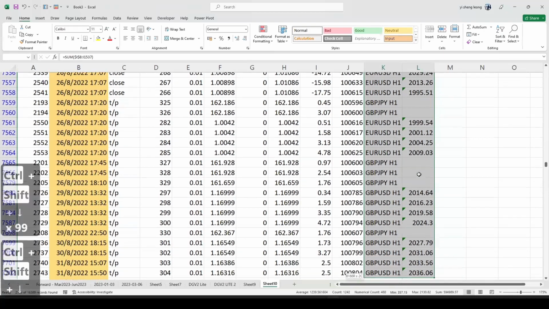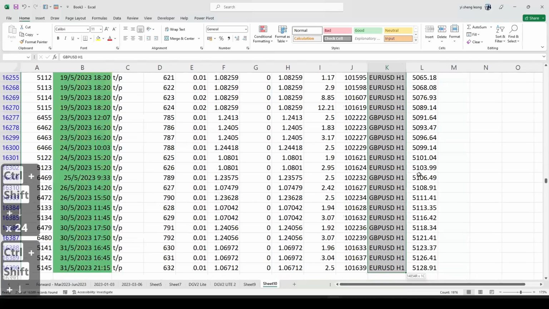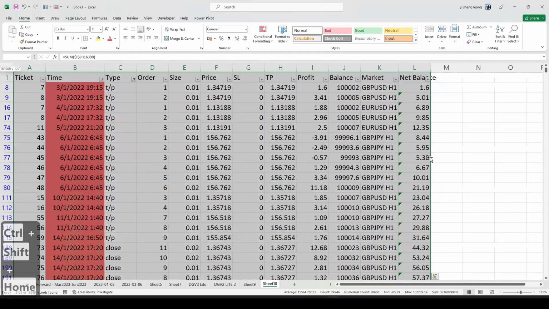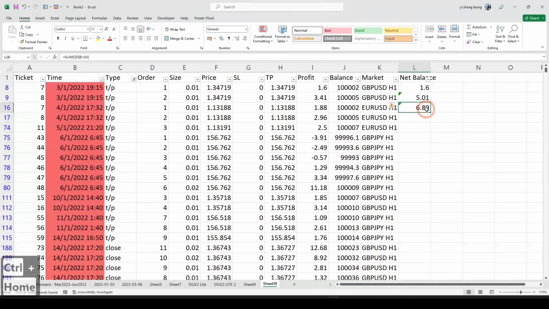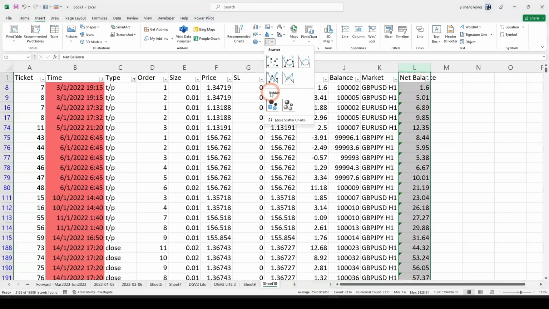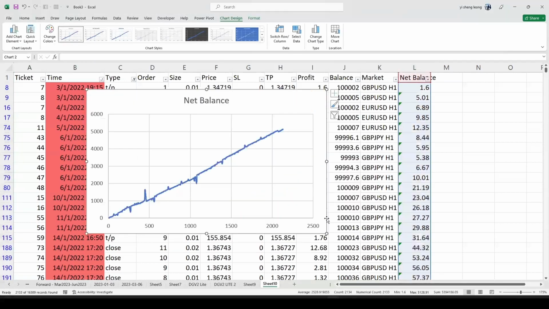Till here, I delete everything first. I just drag it down. Double click, come down. And then you see your net balance. In how long?